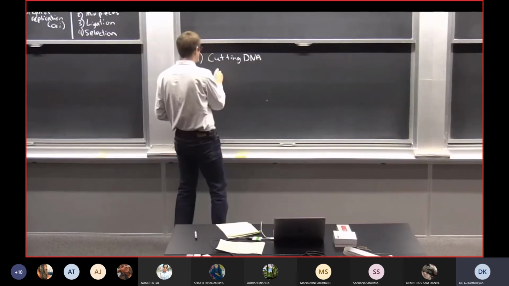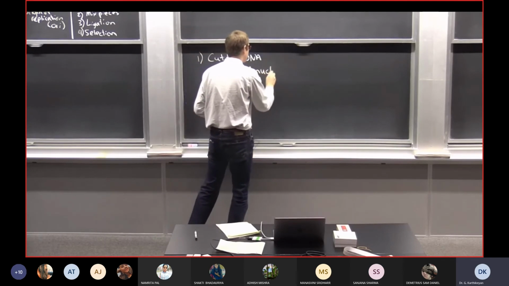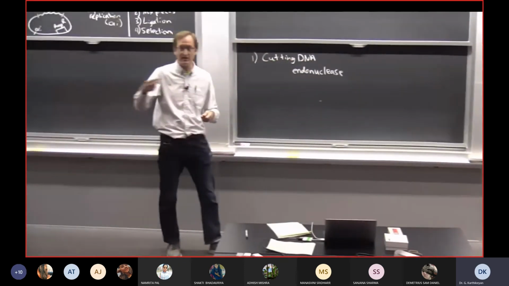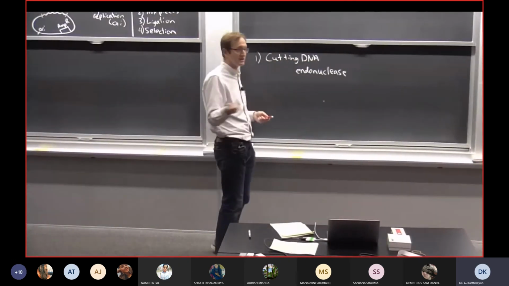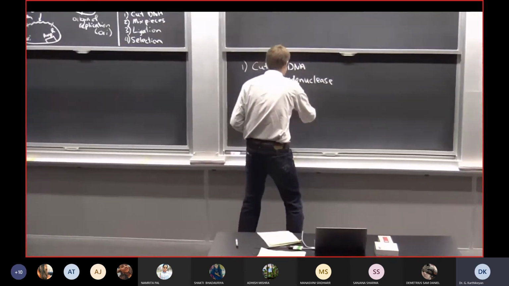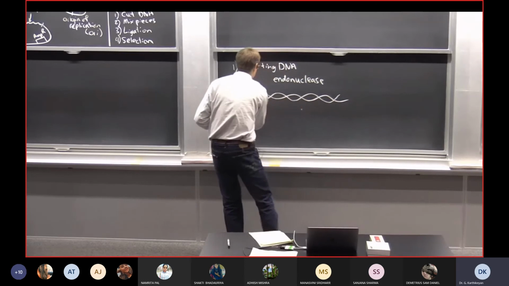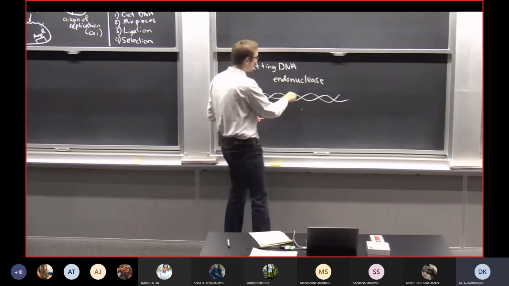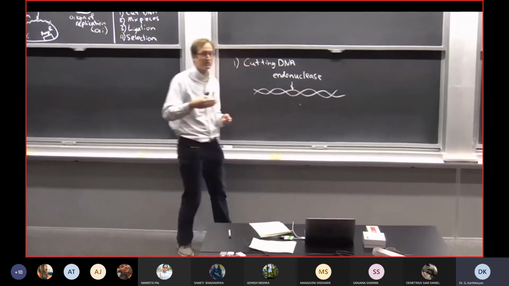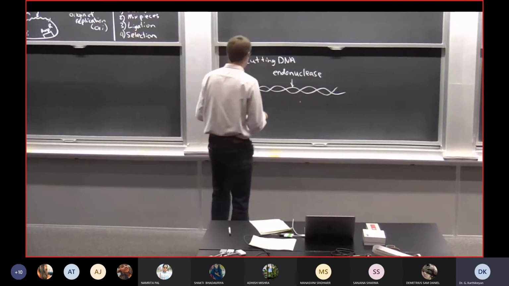And the type of nuclease we're going to talk about is going to be an endonuclease. We talked about exonucleases, which chew DNA from the ends in the context of DNA replication. But an endonuclease is a nuclease that's going to recognize a fragment of DNA and cleave it in the middle. So it doesn't require an end, it's going to chop it right in the middle, okay?